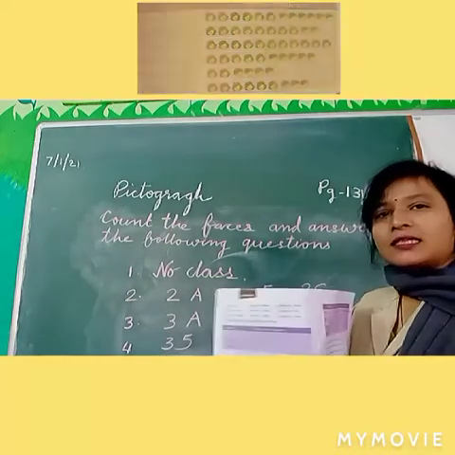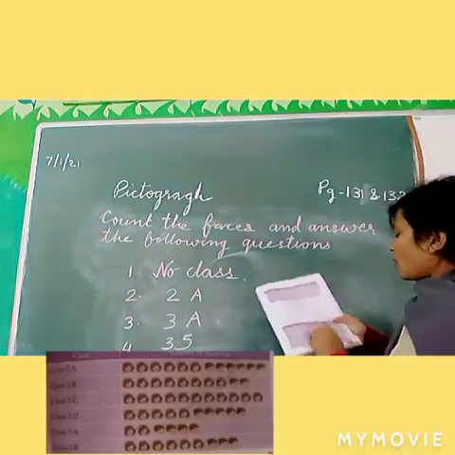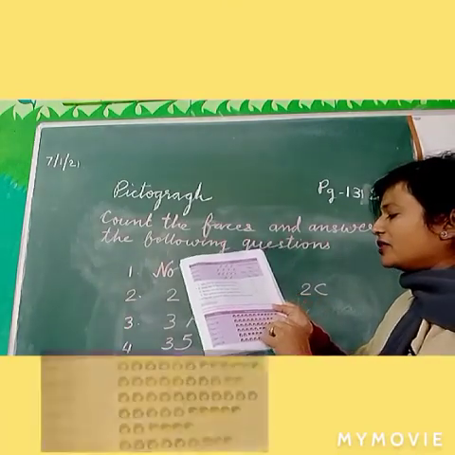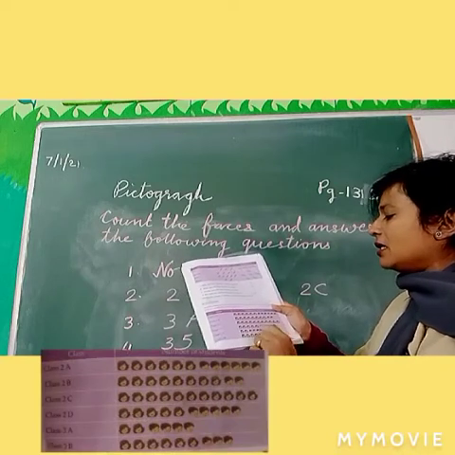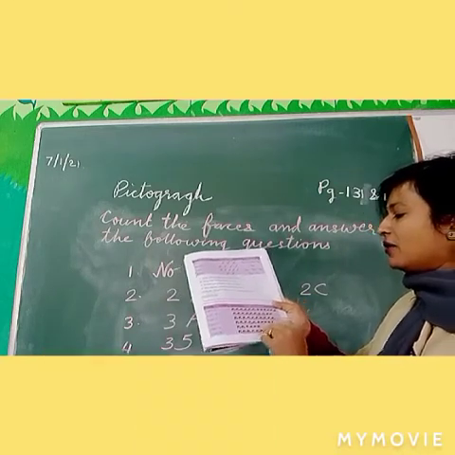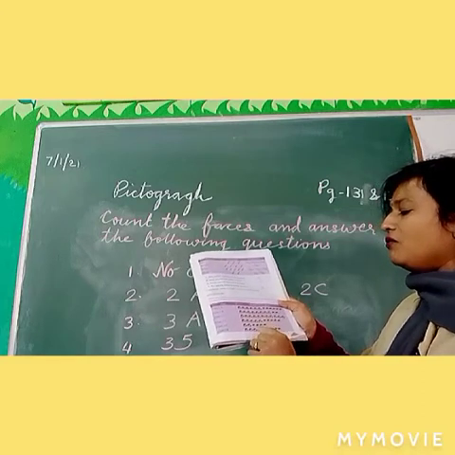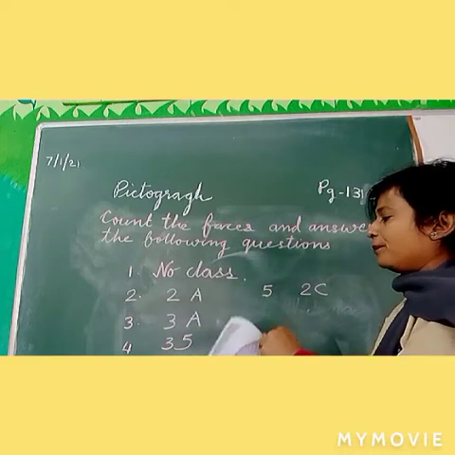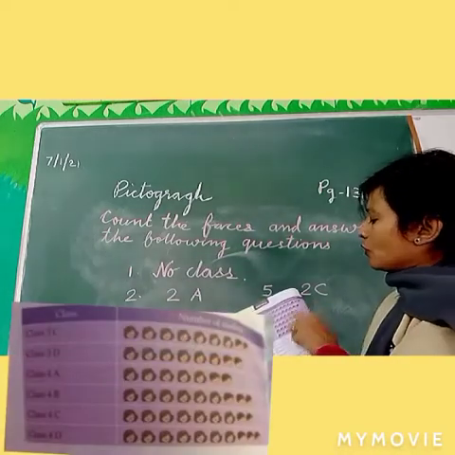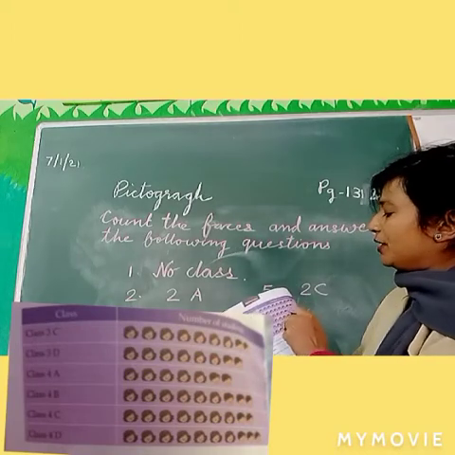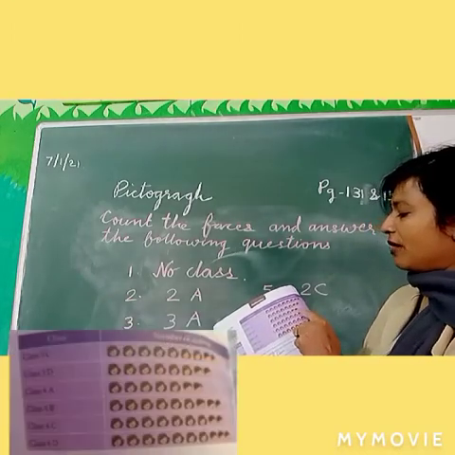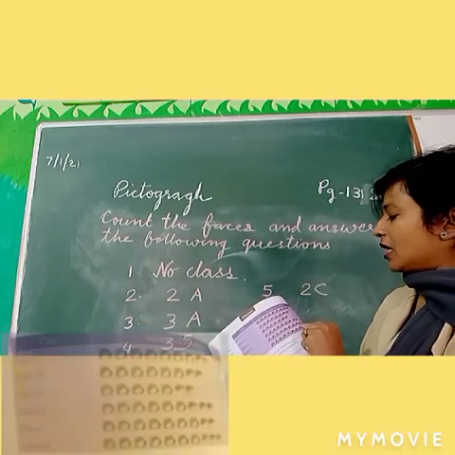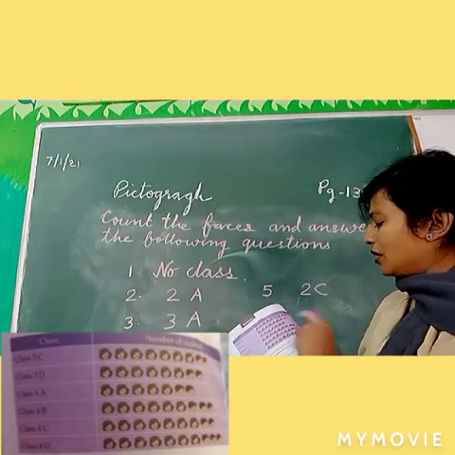Let us count. 1, 2, 3, 4, 5, 6, 7, 8, 9, 10, 11, 12, 13, 14, 15, 16, 17, 18, 19, 20, 21, 22, 23, 24, 25, 26, 27, 28, 29, 30, 31, 32, 33, 34.